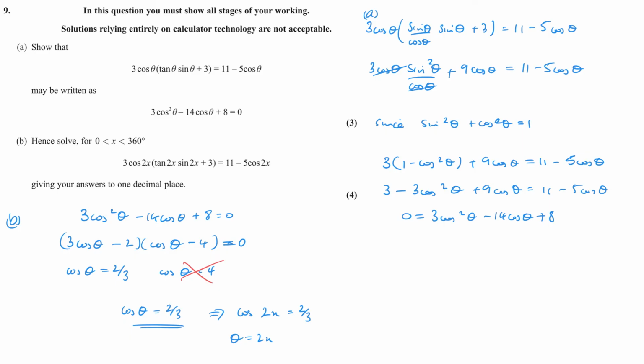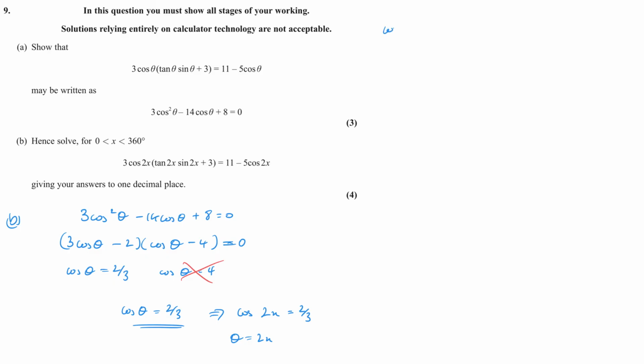So when I'm doing my cos theta equals 2/3, I've also got to look at my range. So x is between 0 and 360. That means that 2x is between 0 and 720, and 2x is equal to theta. So theta's between 0 and 720.